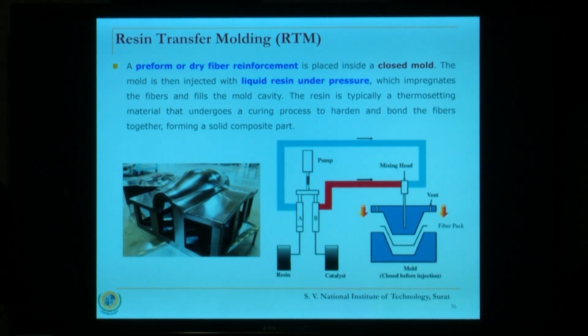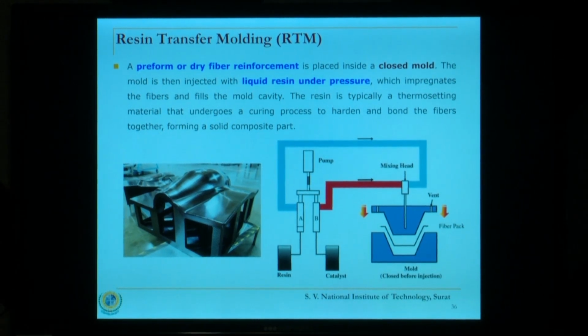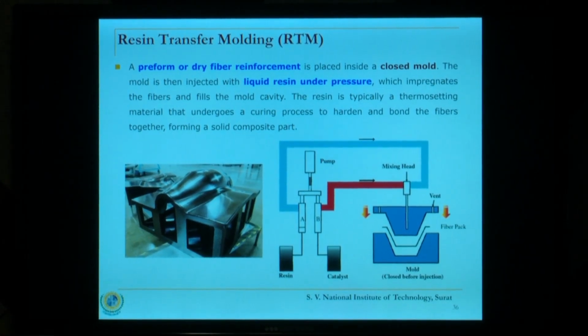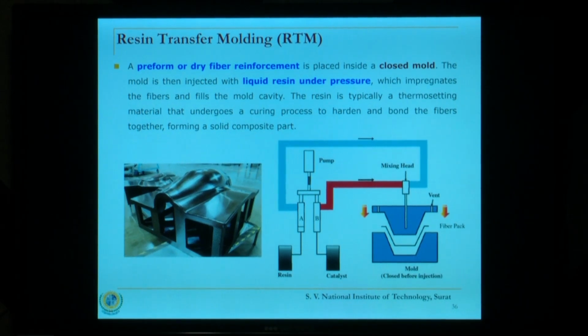Slowly I am moving towards what I want to discuss, and the base is resin transfer moulding. What you want to do is have a closed mold, place the fibers into it, and under pressure pass resin through it. You allow the resin to remain along with the fiber inside the mold and get cured.